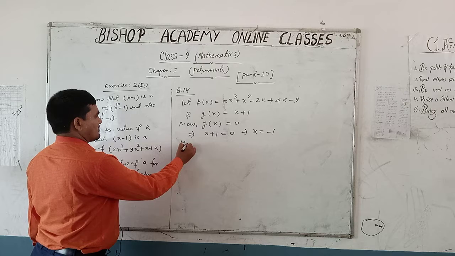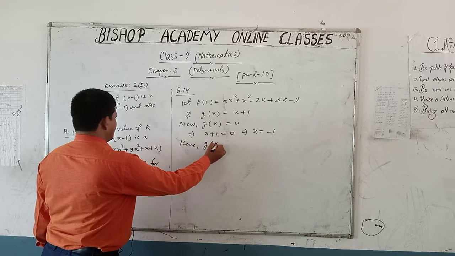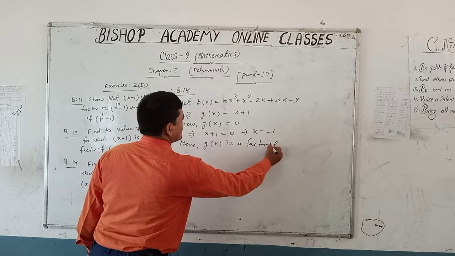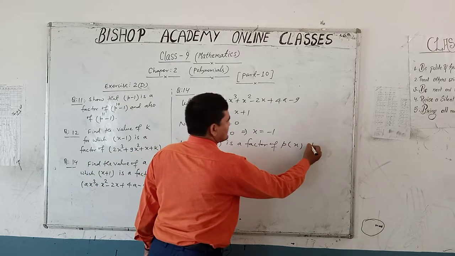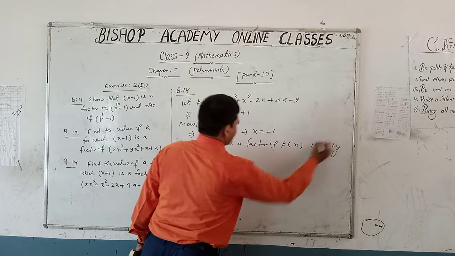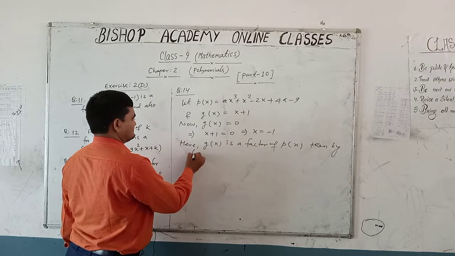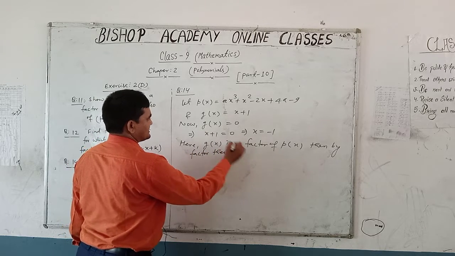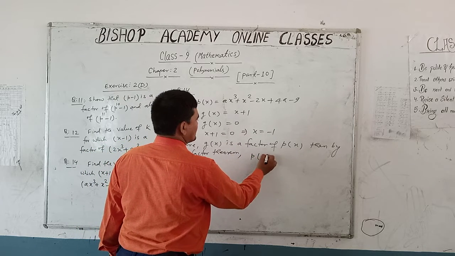Here g(x) is a factor of p(x). Then by factor theorem we can write p(minus 1) equal to 0.